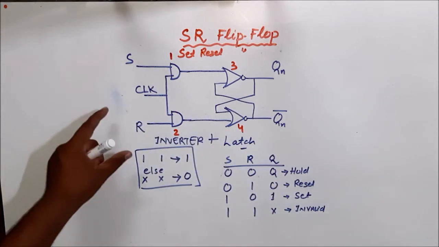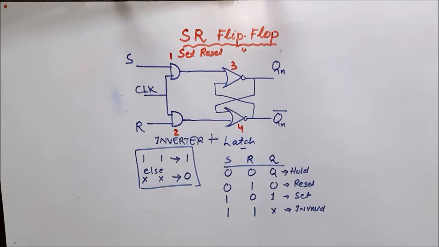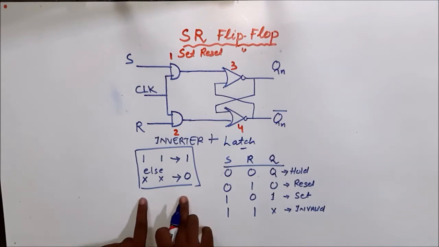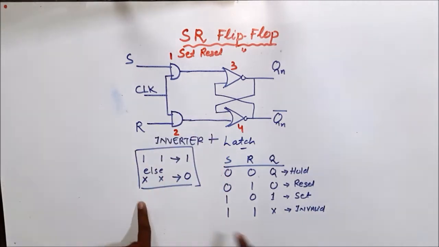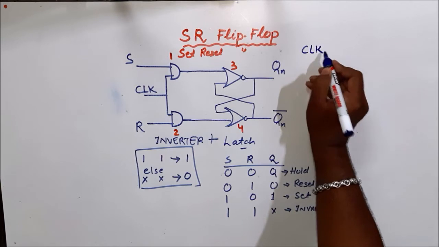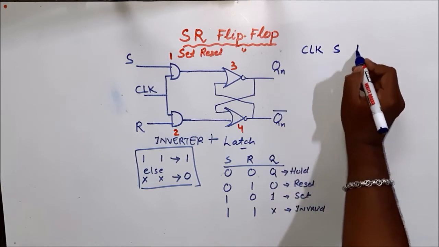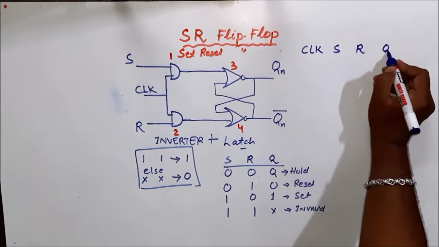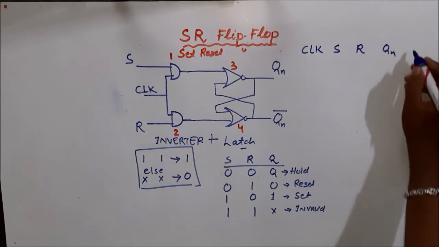To develop the truth table of the SR flip-flop, we should know the truth table of the AND gate and the truth table of the SR latch. We take columns for clock, then S, then R, then Qn, then state.